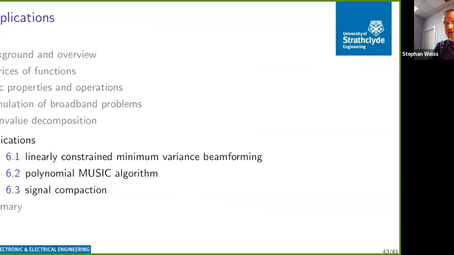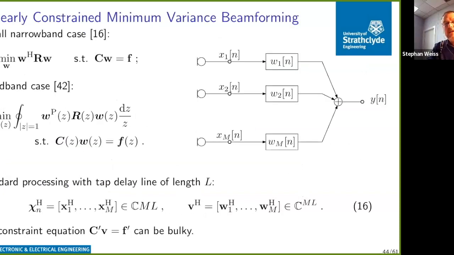So let me just pick out one application, and that's because we've already looked at beamforming, so it will be somewhat easy. I've introduced to you already the narrowband linearly constrained minimum variance beamformer, and its broadband equivalent underneath.